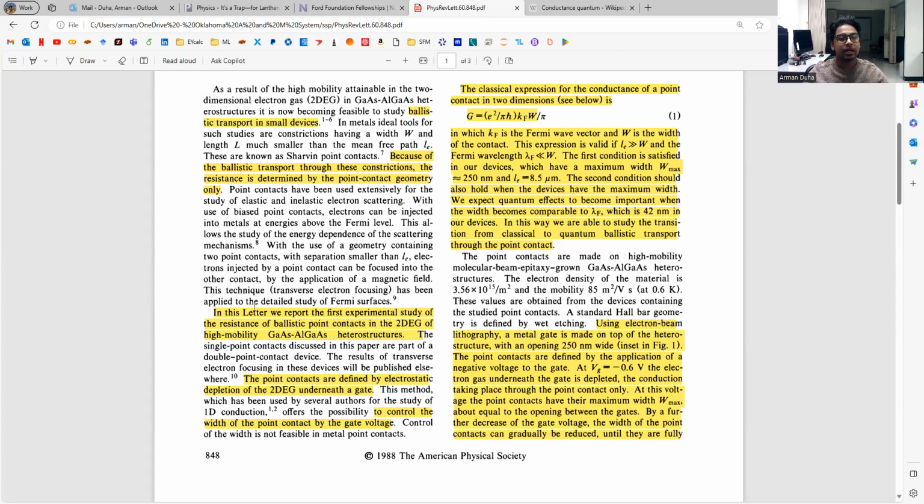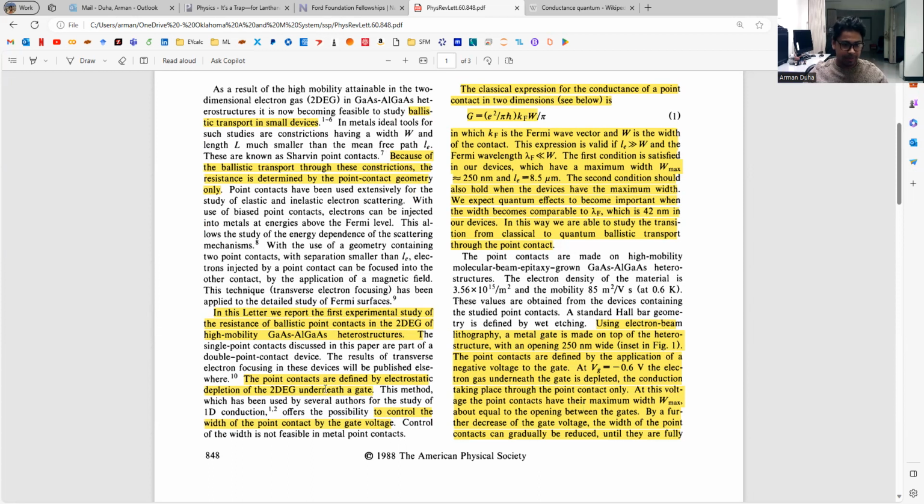The main report in this letter is the first experimental study of the resistance of ballistic point contacts in a two-dimensional electron gas of this high mobility sample. The point contacts are defined by electrostatic depletion of this two-dimensional electron gas underneath a gate. We will look into the detail of what this means in the experimental section, which is right here.